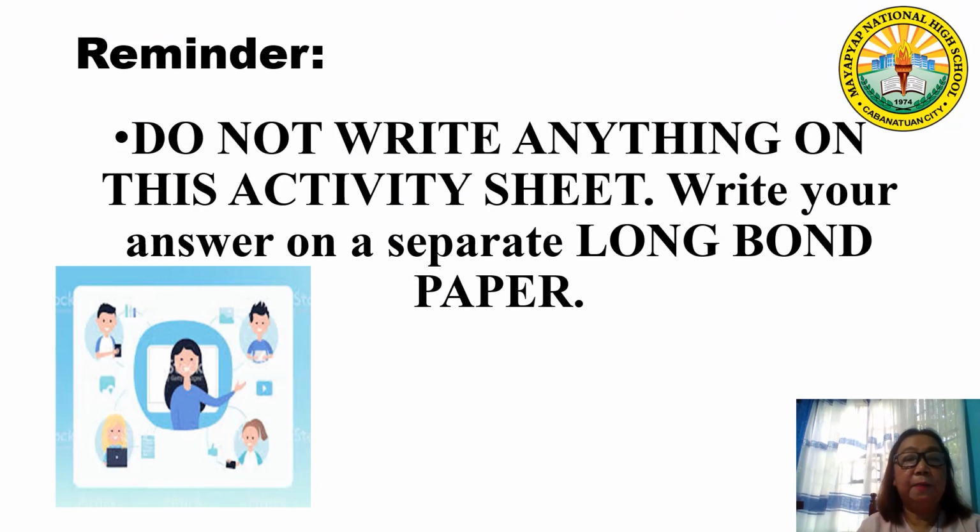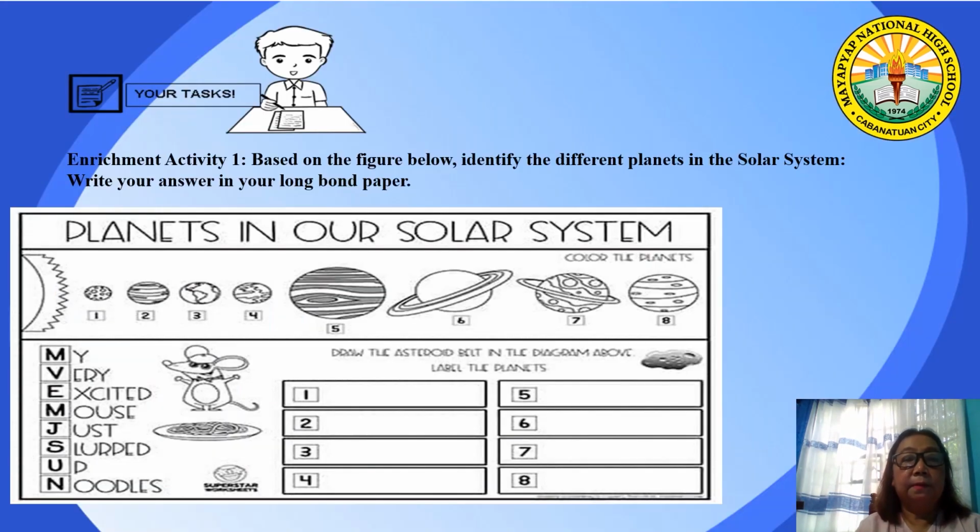Now, we are going to have an activity. Reminder, do not write anything on this activity sheet. Write your answer on a separate long bond paper. Your task, Enrichment Activity number 1.